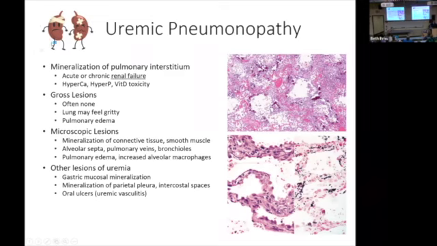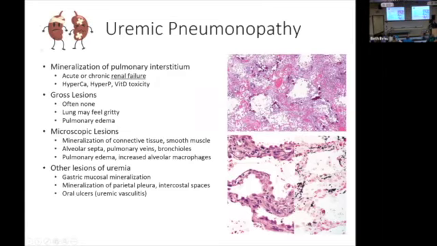Just thinking out loud. Okay, so it's not an inflammatory lesion. It's actually mineralization of your pulmonary interstitium. So you see all this kind of bright blue, chunky, sort of gritty looking stuff. So this is all mineral. And here we've actually stained it with the von Kossa, which picks up mineral, and all the little black dots are positive for mineral.